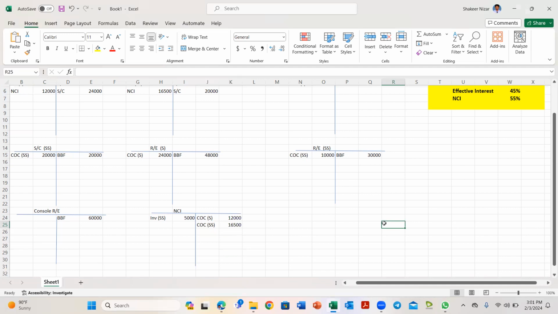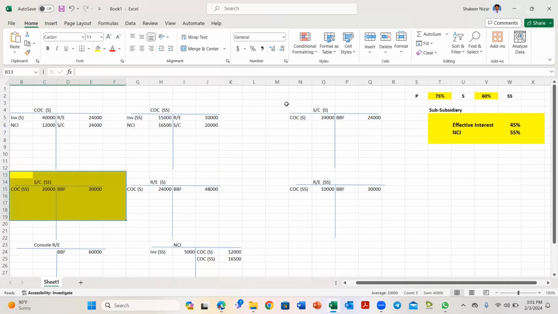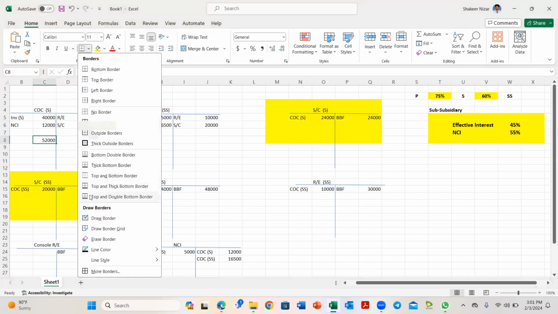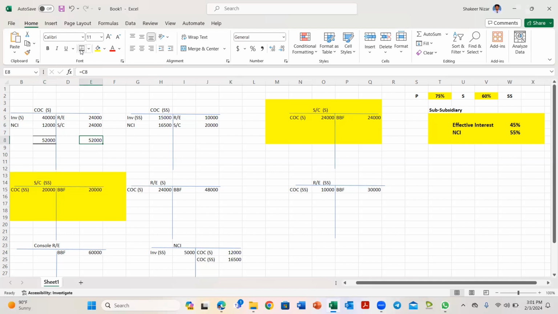Then we don't have such adjustment, so this account is netted off, and this also netted off. Here you can take the goodwill. What is the goodwill amount?